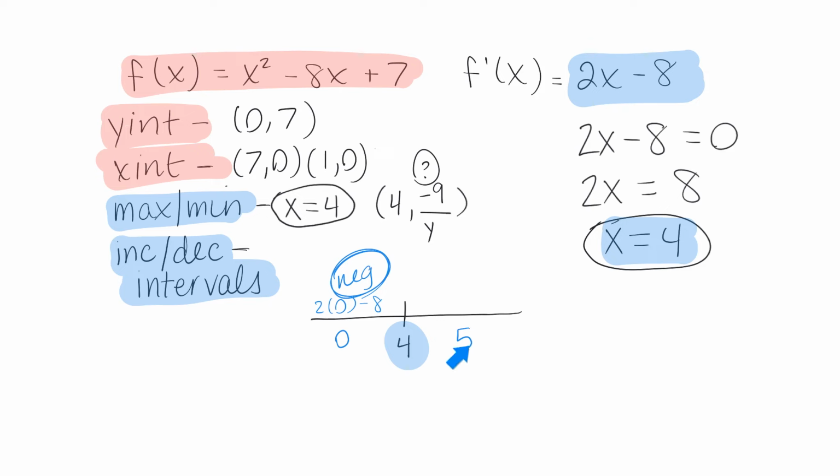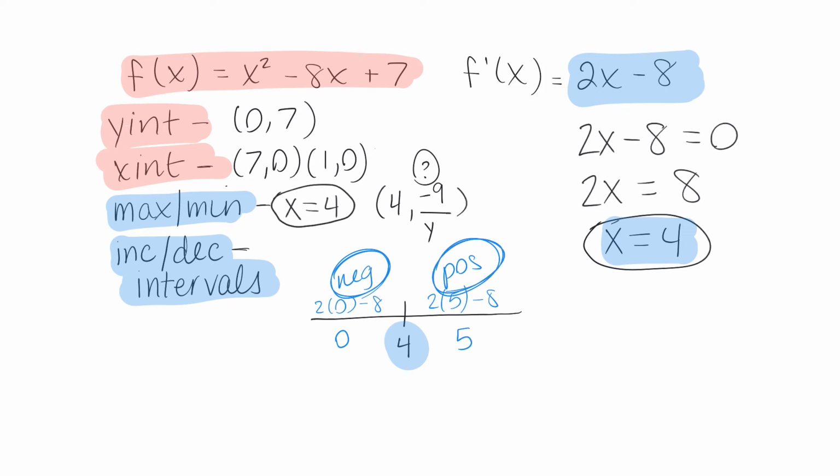On the other side, you can't always assume that because it's negative on one side, it'll be positive on the other side. That's not always the case. So we're going to, again, plug that into the derivative. So 2 times 5 minus 8 is a positive number. I don't care what that number is. I just need to know if it's negative or positive.